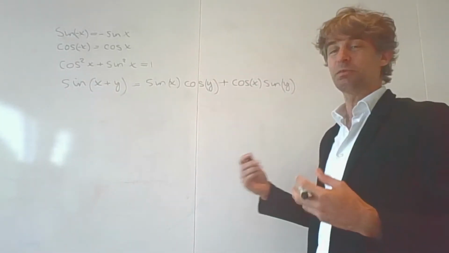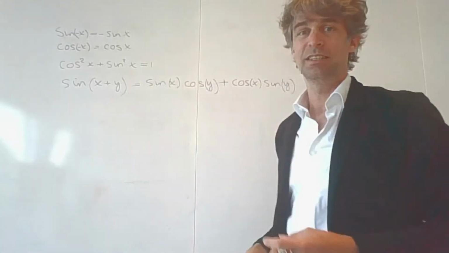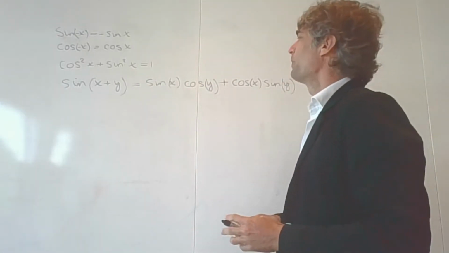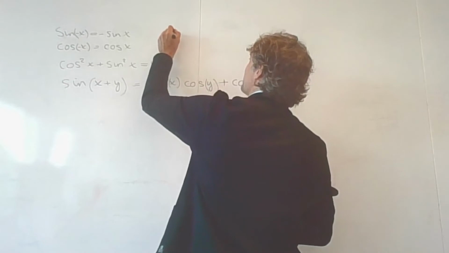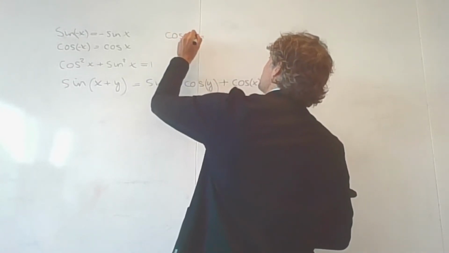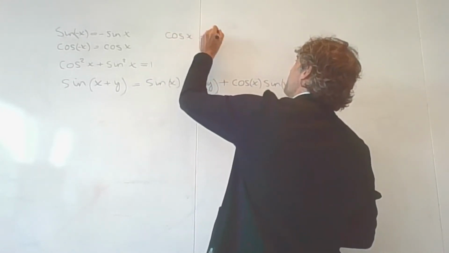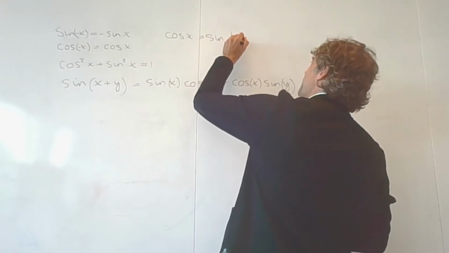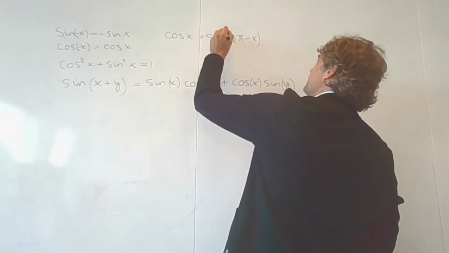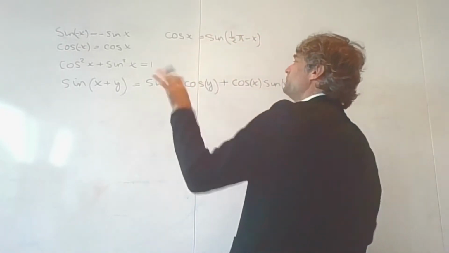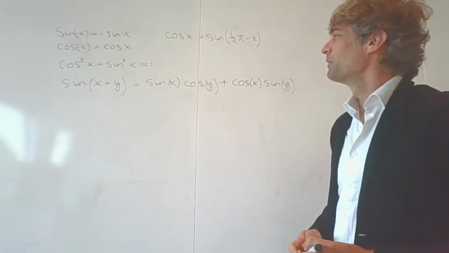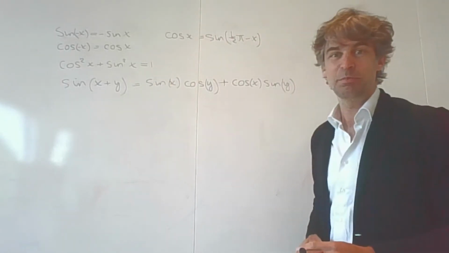You can use this one together with maybe one more, that the cosine of x is the sine of half pi minus x. You can use this to get all the other equalities. So let's begin with a simple consequence.